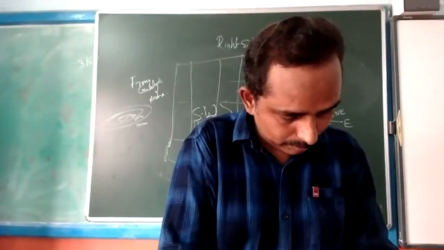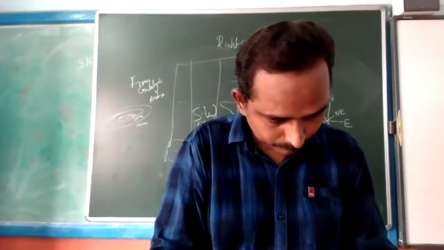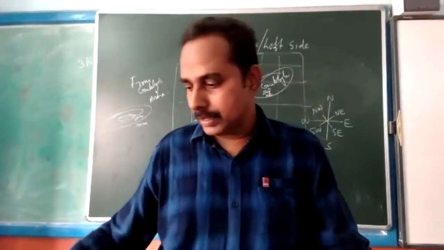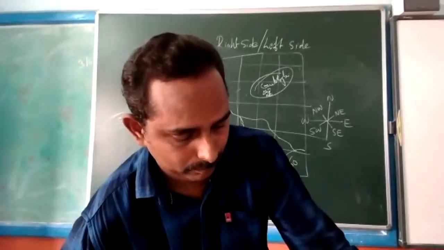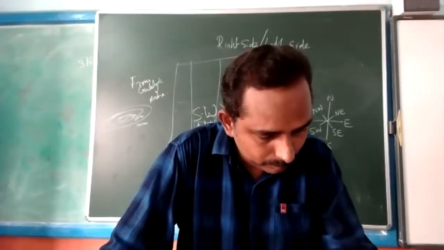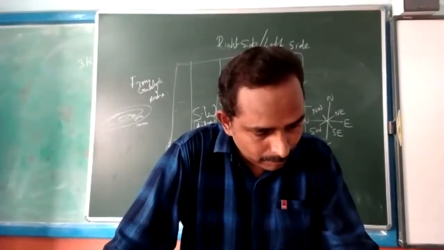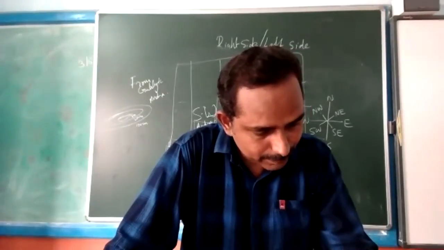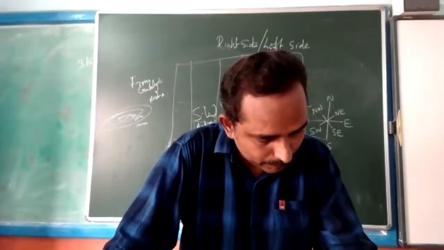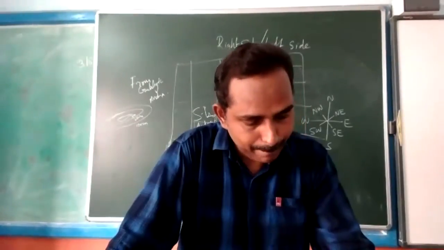Dantani, I find it. Have you seen? Davali is in grid square 56, 18. Dantani is in grid square, mostly it comes in 55, 15.